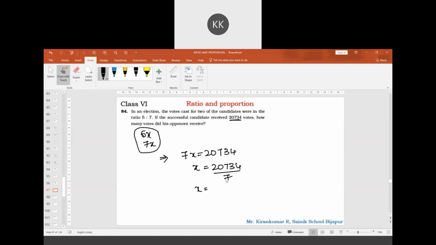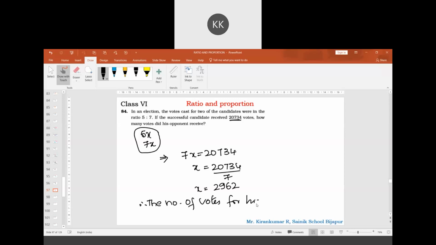We can simplify: 7 twos are 14, 7 nines are 63, 4 remains, 43, 7 sixes are 42. Therefore x is 2,962.